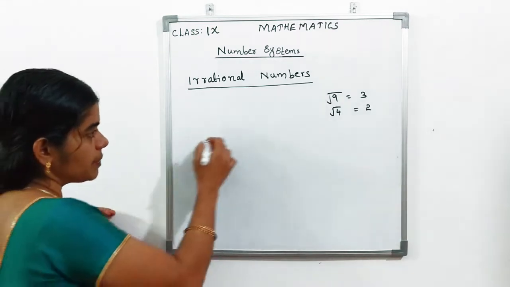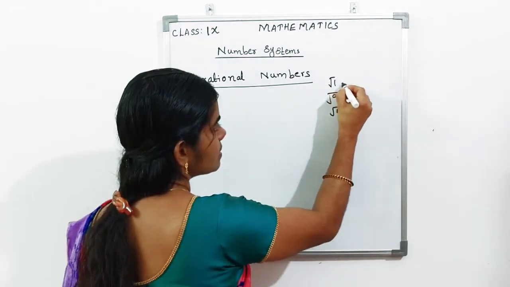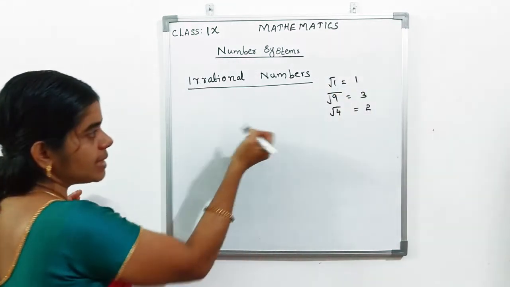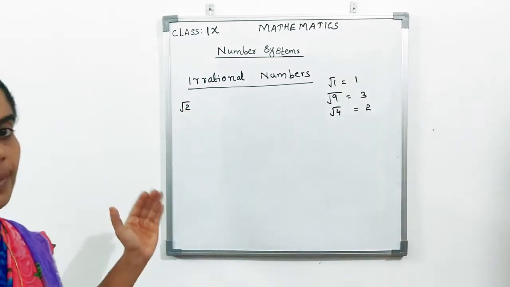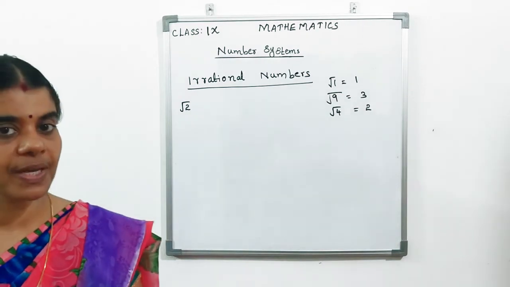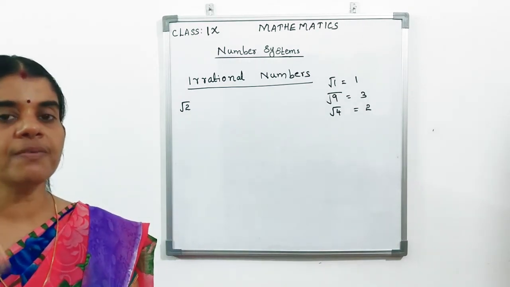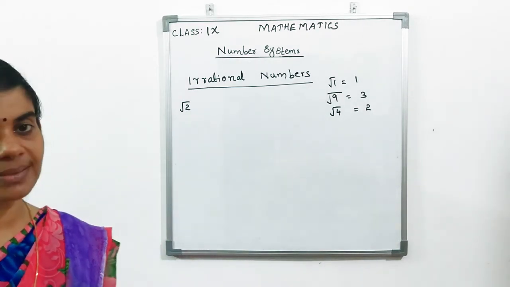For example, root 1 we already know is 1. Other than this, that is root 2. We cannot find the root properly. We are finding its value, but the proper value we don't know. We get a decimal value like that.